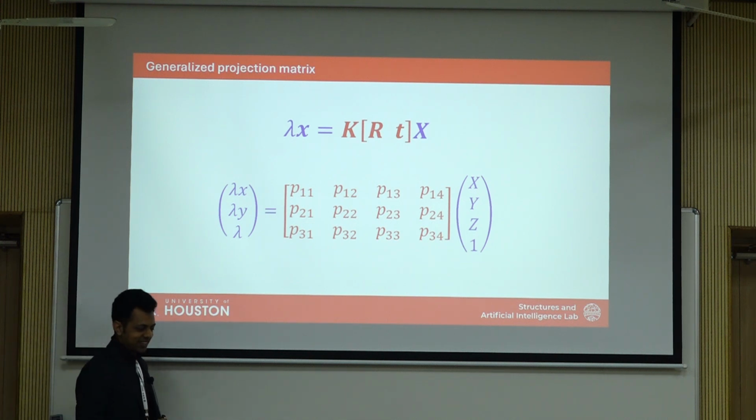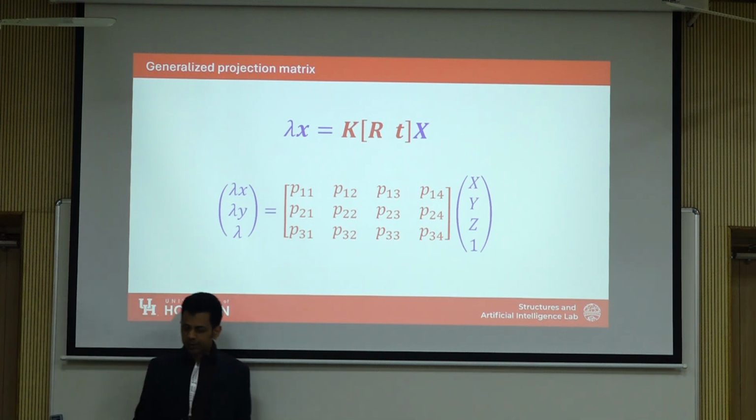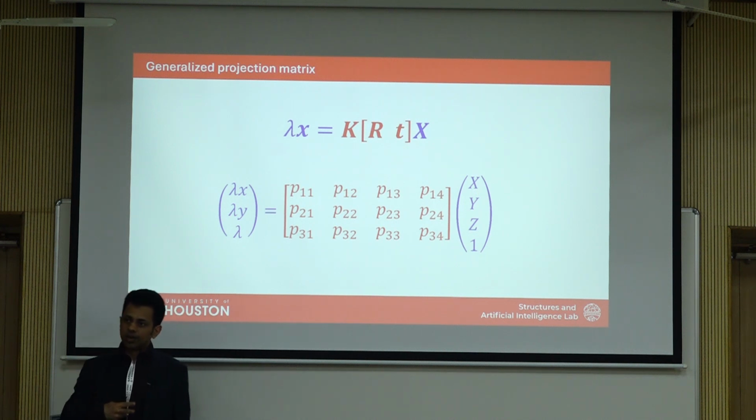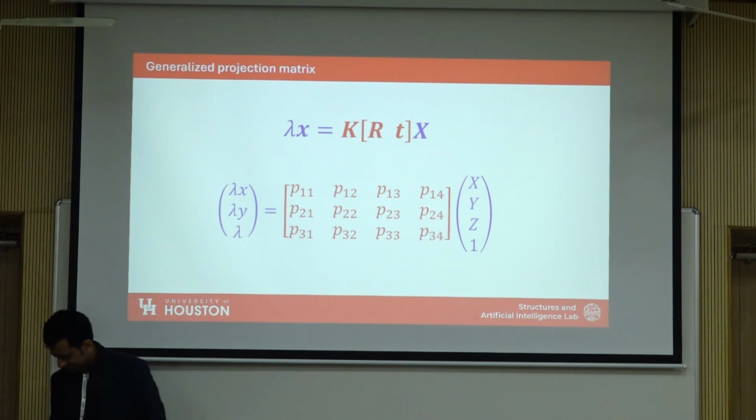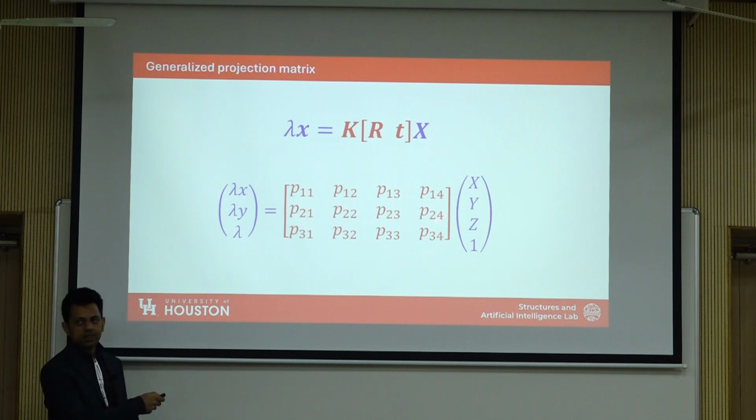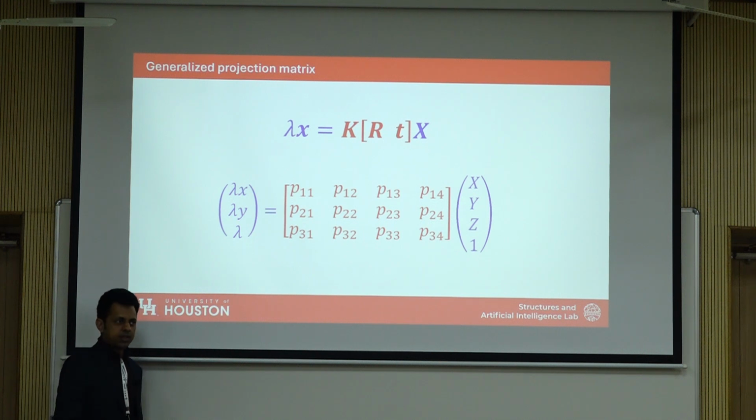Sure, in MATLAB there's a function, yes. But what is the information that I need in order to be able to figure this out? So how many quantities are here that I need to figure out? 12, right? So how many equations do I need to find 12 unknowns? At least 12.